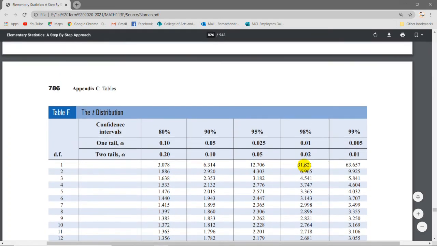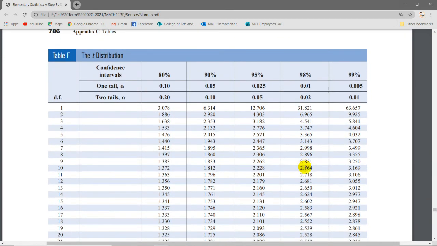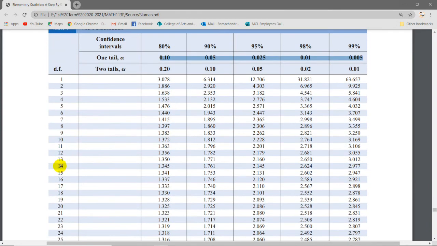So if you are now using the t-distribution table, the first thing that we need to identify here is the type of test. Since we have a one-tailed test, I'm going to look for this level of significance column. And we have a degrees of freedom of 14. Now, all I have to do is to identify the test value.